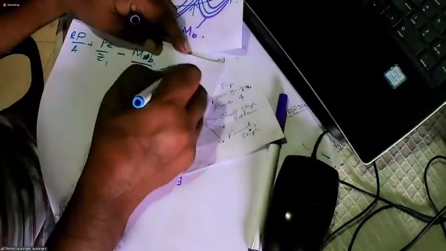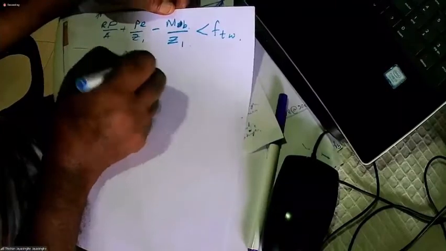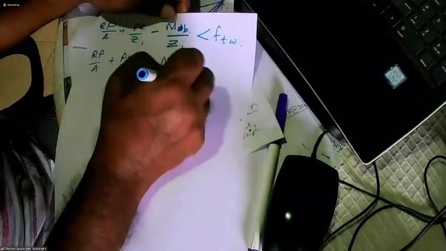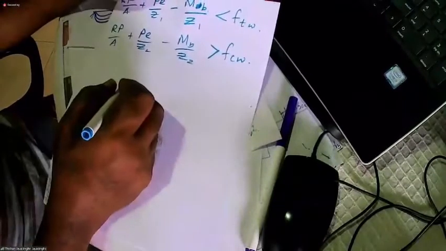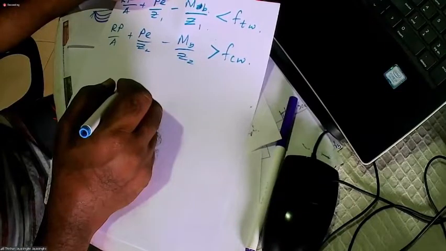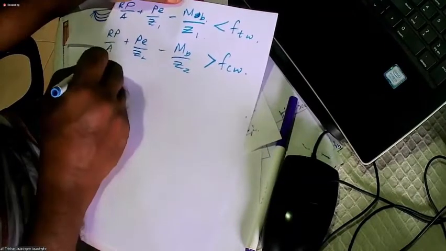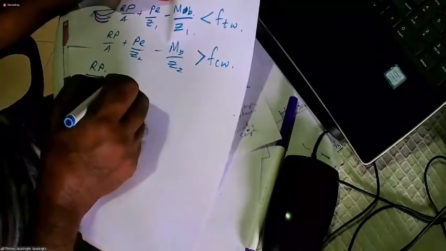If it goes this way, we say it should be less than FT at working. P over A plus PE over Z2 minus MB over Z2 can go this way, should be greater than FTW. Bottom fiber failing in compression. This is the minimum moment.